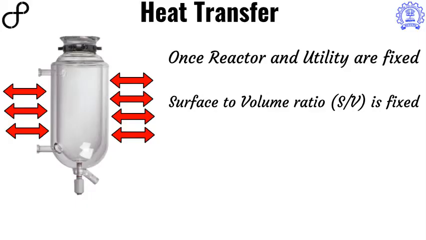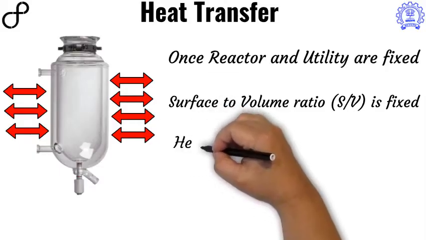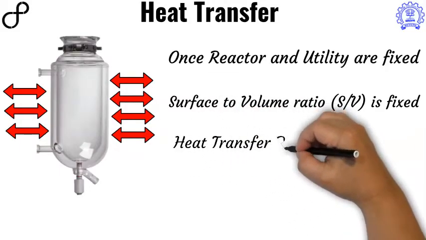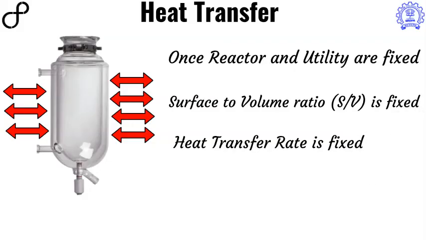Therefore, the net heat transfer rate is related to the surface area to volume ratio of the reactor. For a given reactor and utility, this ratio is fixed. This means we can easily calculate what is the maximum heat my reactor and utility combination allows me to exchange per unit time.